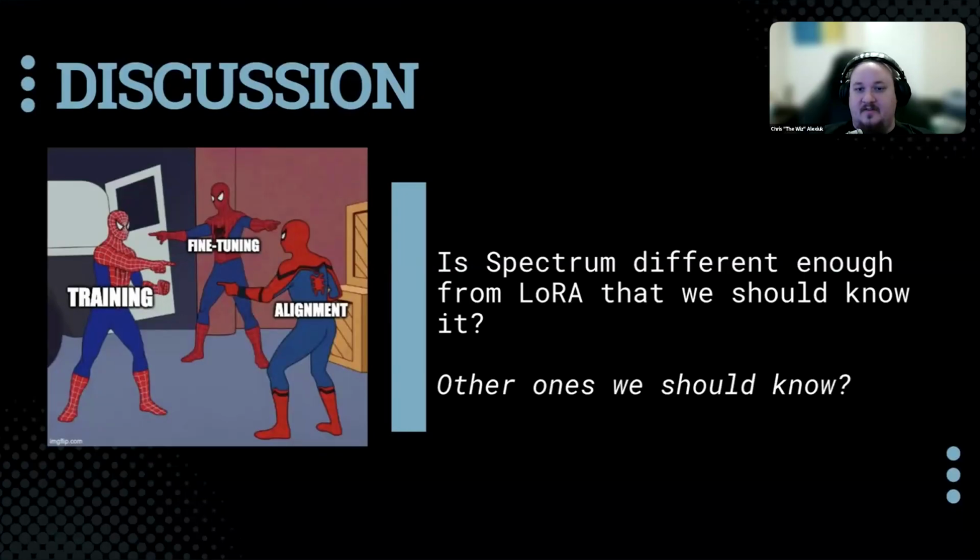We also have a lot of optimizations that we've made to LoRA over the years. Spectrum definitely, as we progress forward, as more and more companies wind up with more and more GPUs, might indeed be the long-term plan. But for right now, sticking with LoRA is absolutely not going to be a bad idea.